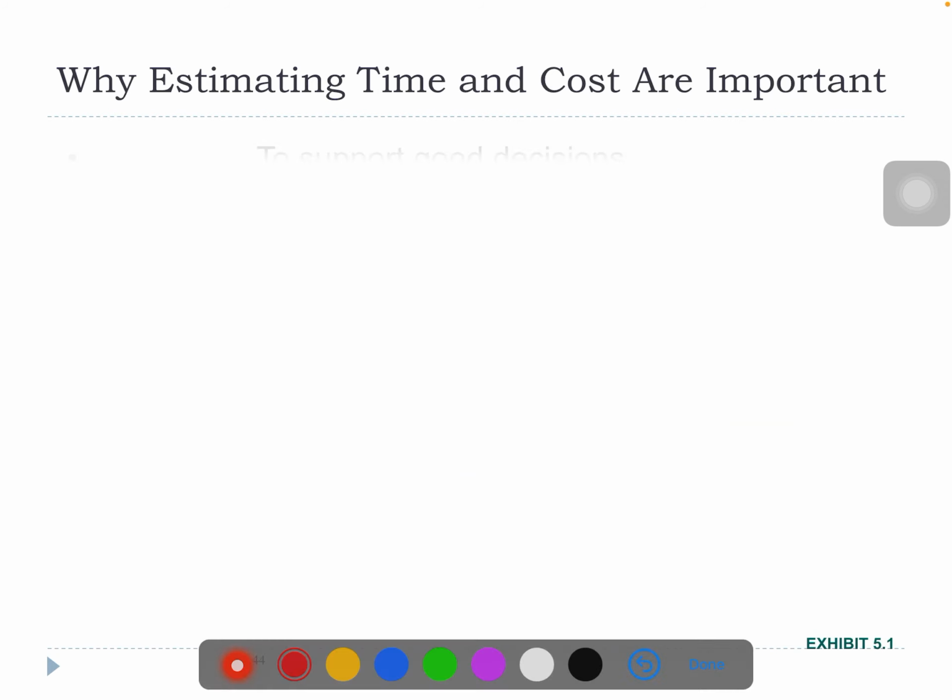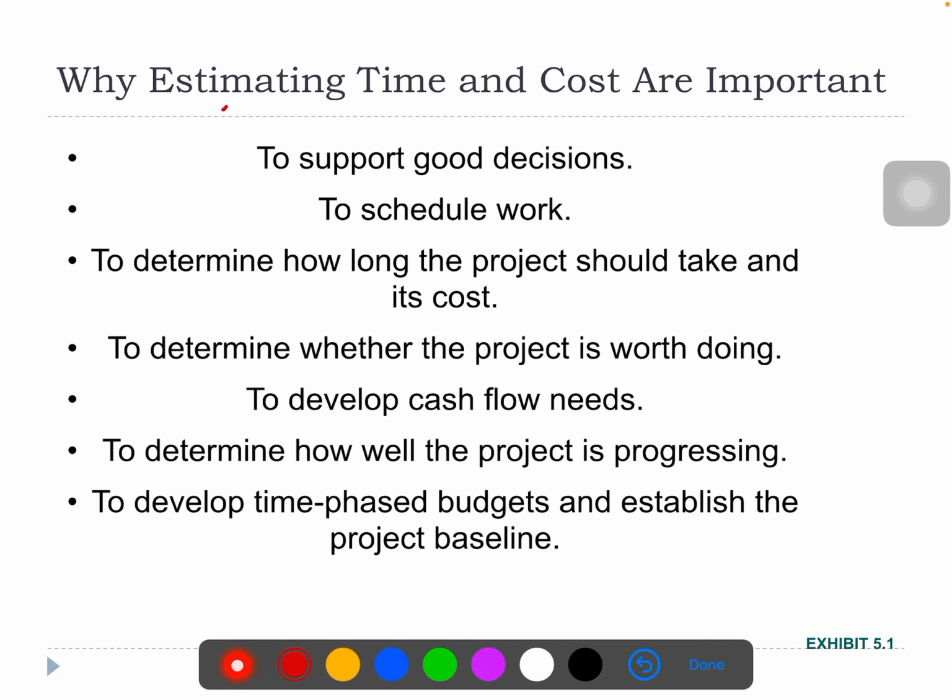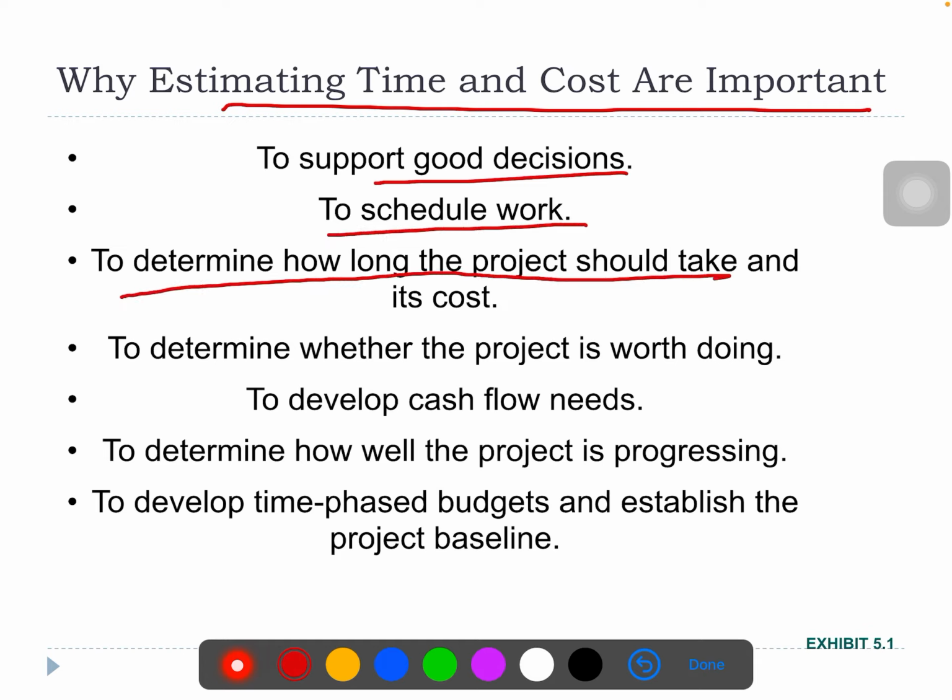So why are estimating time and cost important? It is important to support good decisions, to schedule work, and to determine how long the project should take and how much it costs.